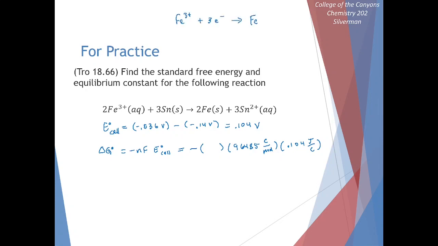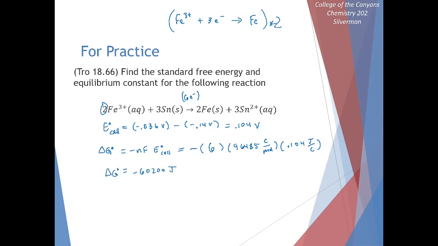For our iron half reaction, each iron 3 plus has to gain 3 electrons, and in fact, we're doing this 2 times in our full overall balanced reaction. What that means is we have 6 electrons being transferred. And so in our equation for delta G, N has to equal exactly 6.